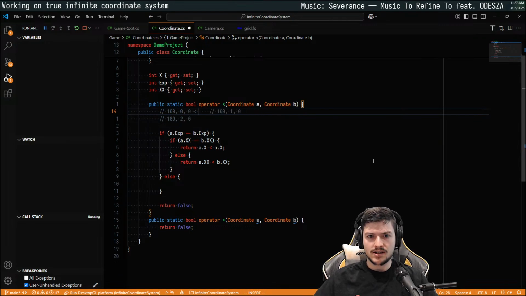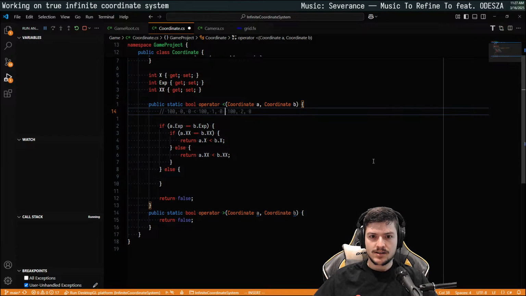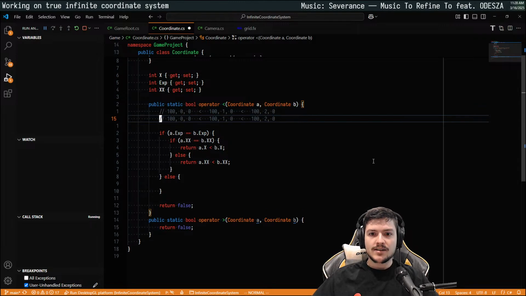This one is smaller than this. This one is also smaller than this. Oops. If this was 200, it's the same as that.